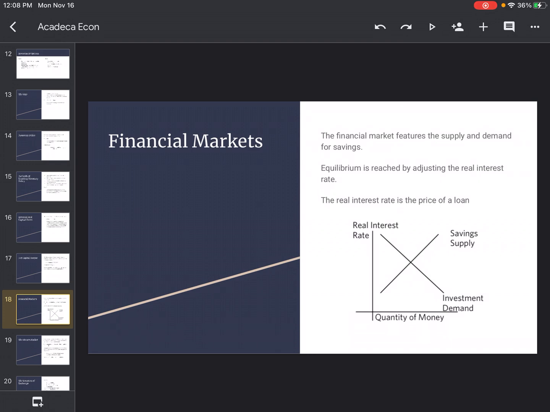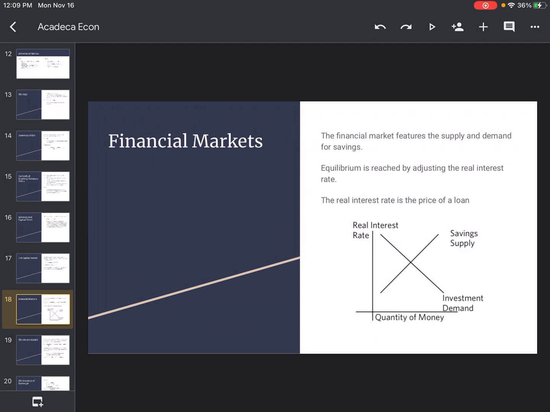Alright, financial markets. The financial market features the supply and demand for savings, and equilibrium is reached by adjusting the real interest rate. So the financial market features the supply of savings and the demand for savings, or investment.